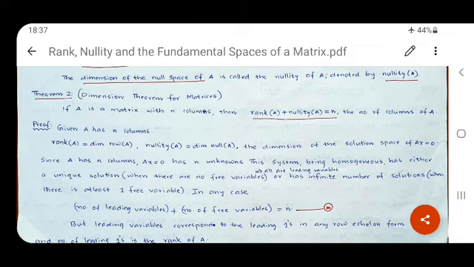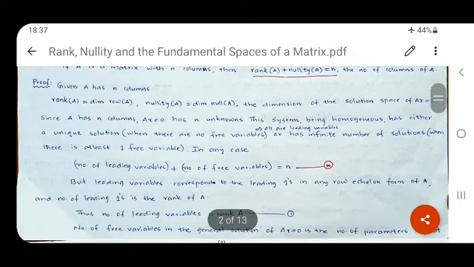In the first case, when there is a unique solution, all the variables are leading variables, with no free variables. In the second case, there is at least one free variable. So in any case, the number of leading variables plus the number of free variables is equal to n, the number of unknowns.